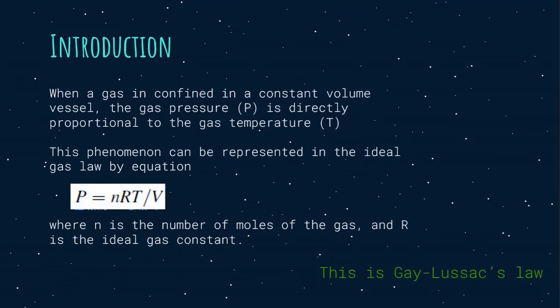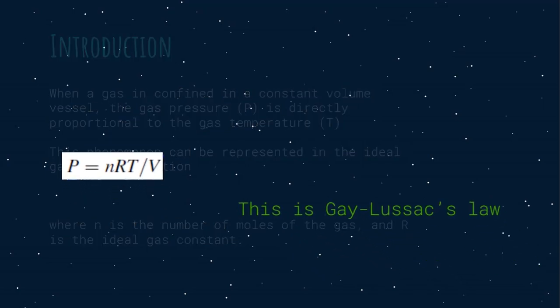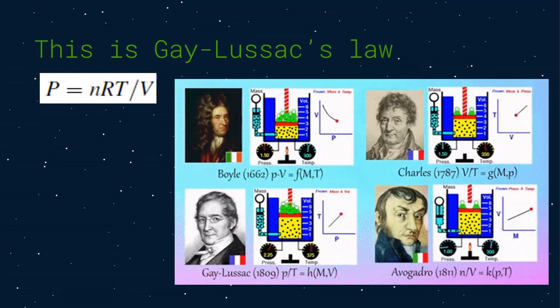For the intro, when a gas is confined in a constant volume vessel, the gas pressure P is directly proportional to the gas temperature T. This phenomenon can be represented in the ideal gas law by the equation, where n is the number of moles of the gas and R is the ideal gas constant. Looking at this, we can see this is Gay-Lussac's law.